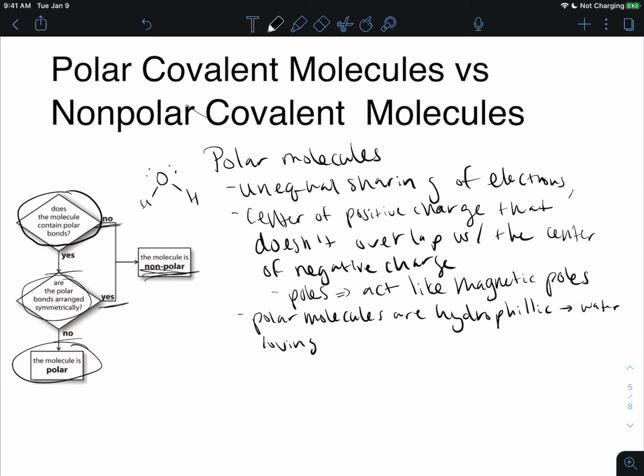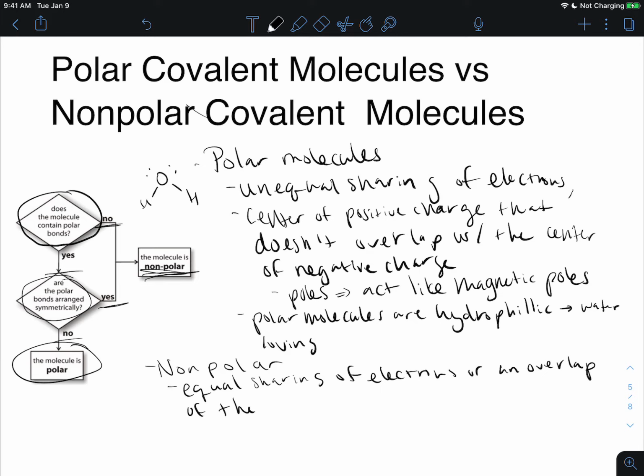Okay. With our nonpolar molecules, we have equal sharing of electrons or an overlap of the positive and negative charges.